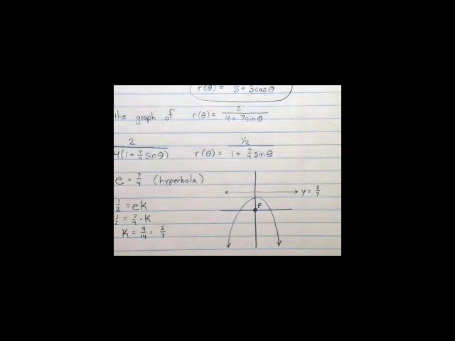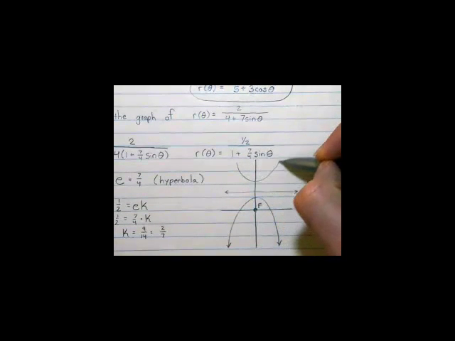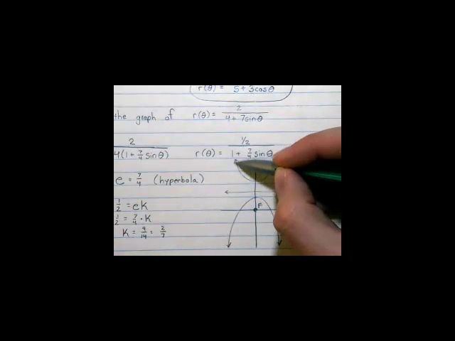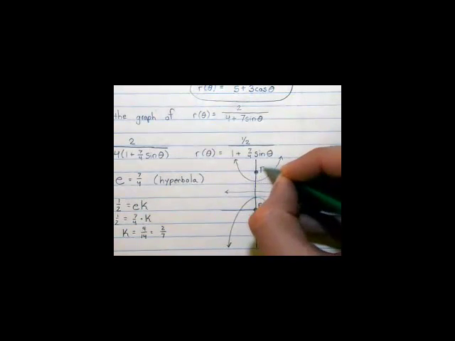And since this is a hyperbola, again, I can't pinpoint exactly where the other piece of it is. But I do know that there is supposed to be another half of it over here, right? If this thing is indeed a hyperbola, there would be another focus up here somewhere as well.